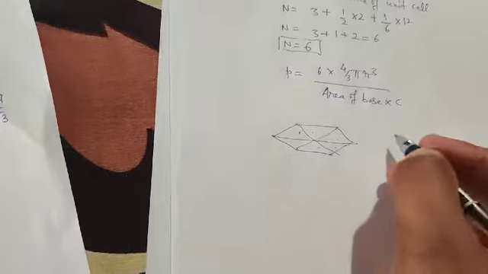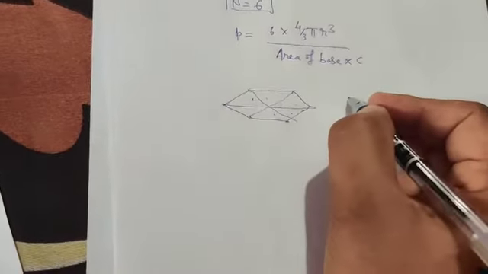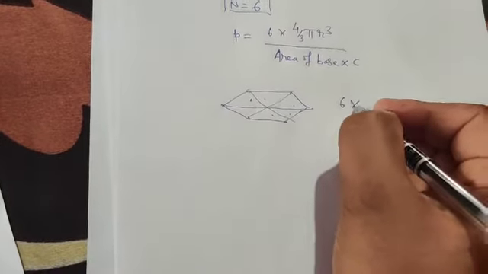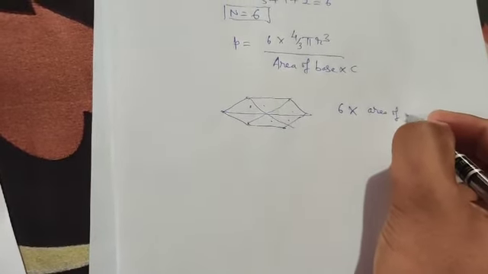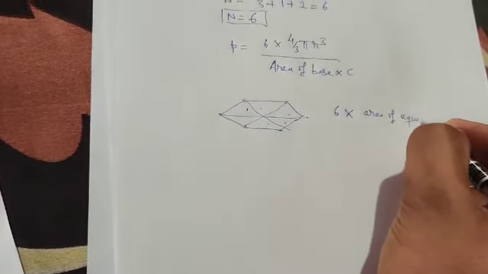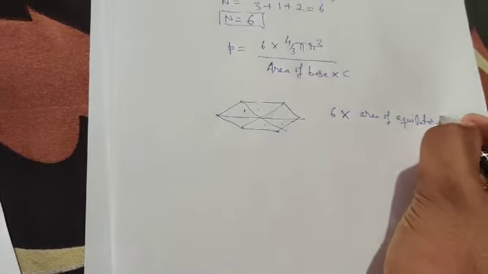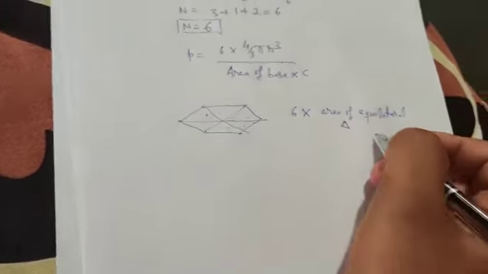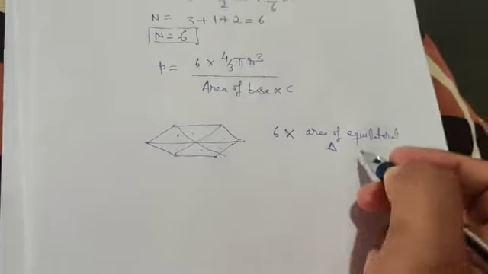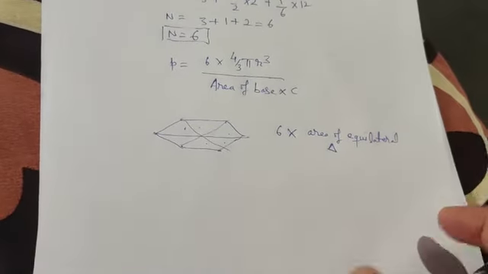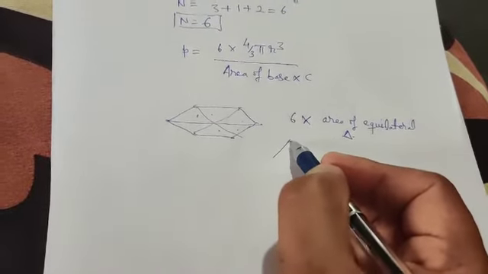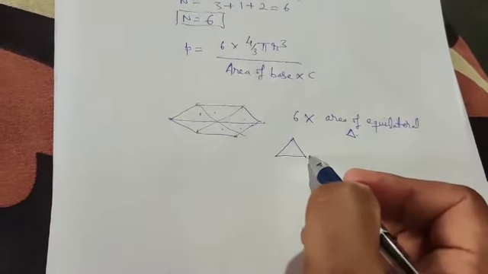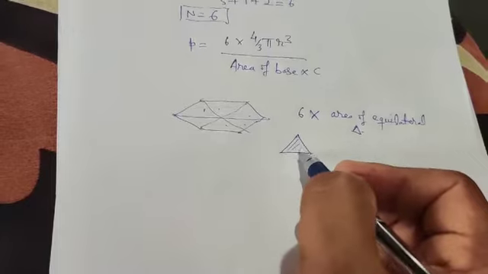So the area of the base will be calculated by 6 into the area of an equilateral triangle. So let us calculate the area of the equilateral triangle. This is our equilateral triangle.